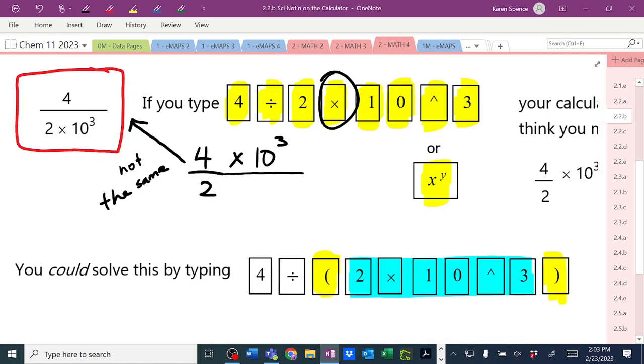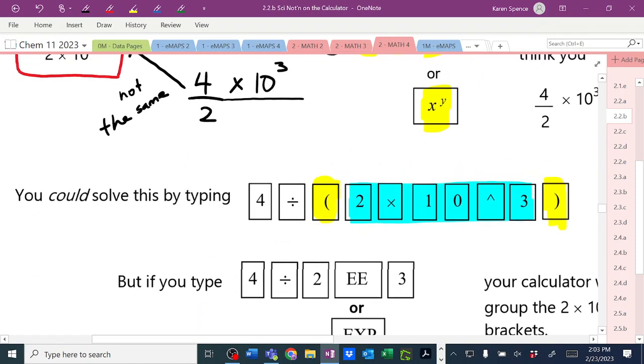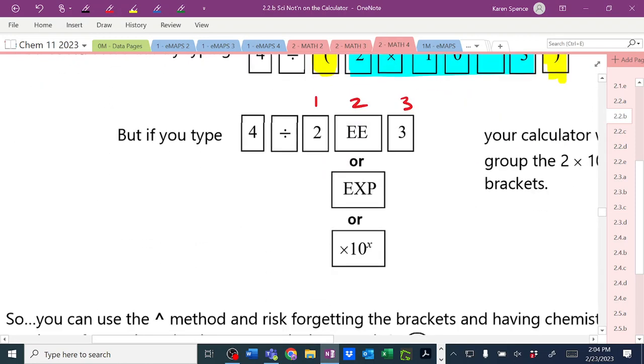And also, let's take a look at how many keystrokes that takes. 1, 2, 3, 4, 5, 6, 7, 8 keystrokes as opposed to 1, 2, 3 keystrokes. Yes, it is simply more efficient to use the EE button or the EXP button or the times 10 to the X button, all right?